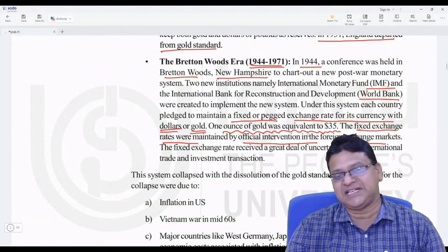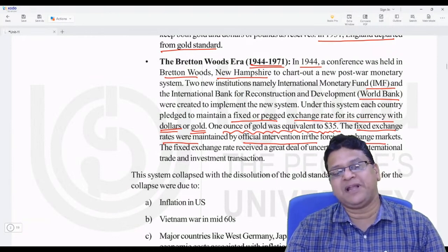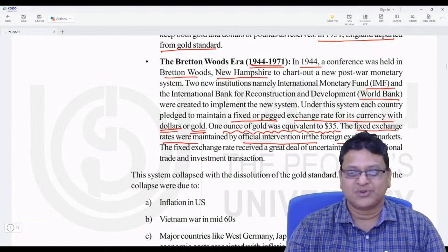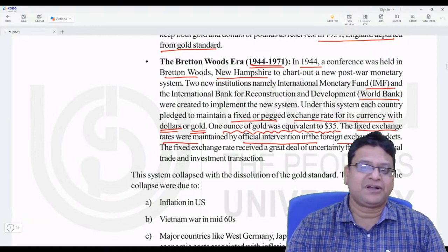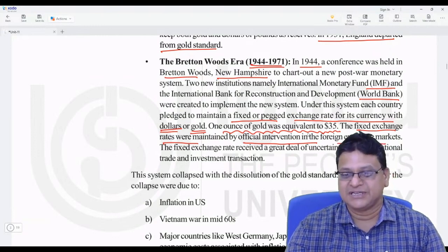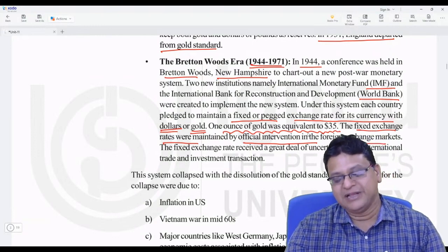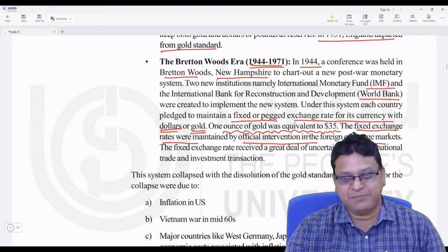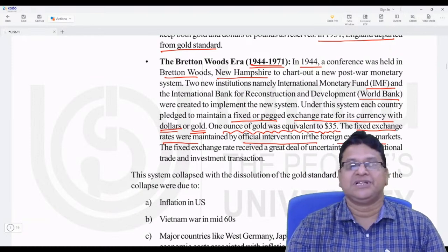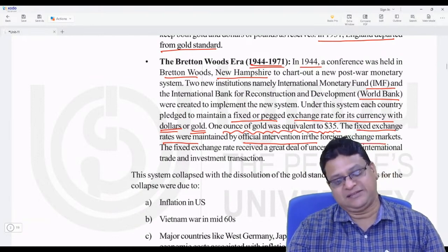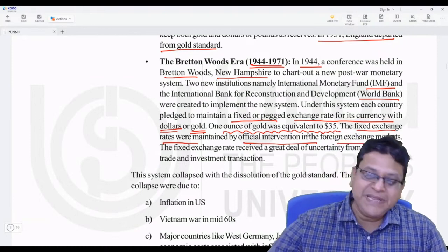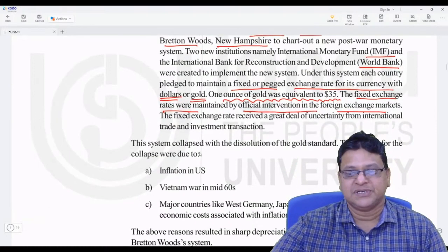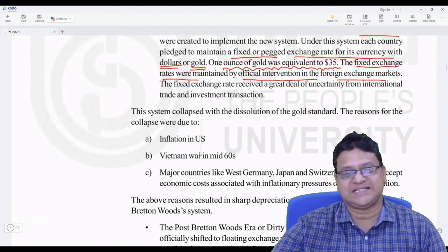The fixed exchange rate was prevalent from 1944 to 1971, and most of the countries were following it. They were keeping their reserves in gold or in dollars. The fixed exchange rate collapsed due to the following reasons.